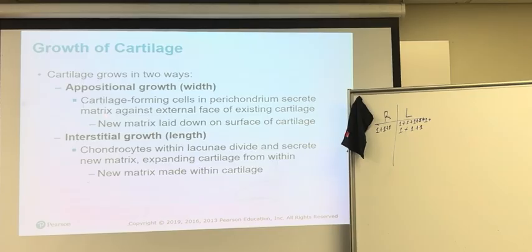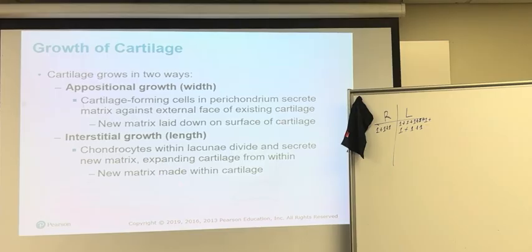If it had to grow in length, we call it interstitial growth. What do we mean by appositional growth, which is in width? Cartilage-forming cells in the perichondrium secrete matrix against the external surface of existing cartilage, and new matrix is laid down on the surface of the cartilage. That is how they grow in width.